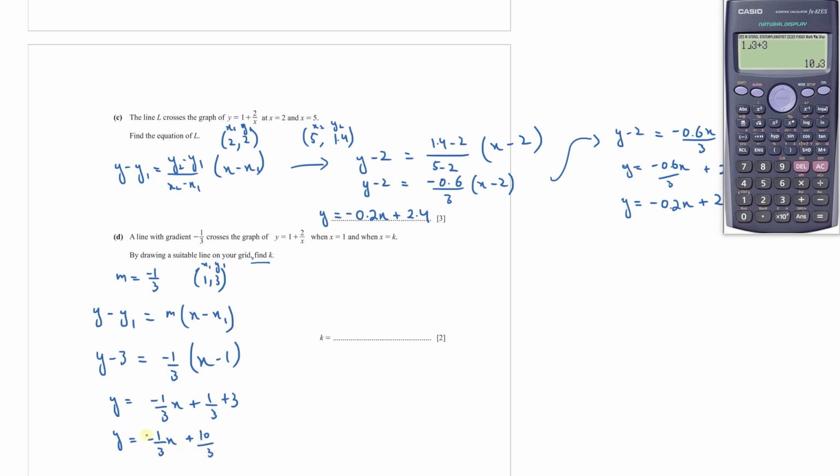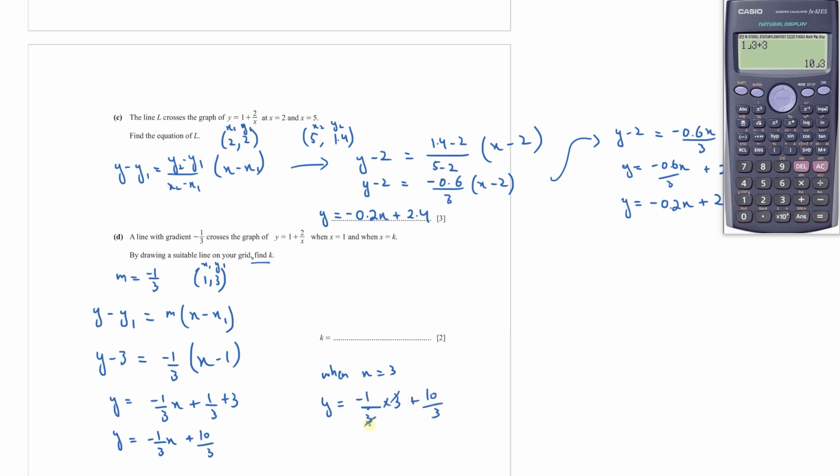So now you can find another point on this equation by substituting any other value of x. So let's substitute x equals 3. When x equals 3, your y value will become minus 1 over 3 into 3 plus 10 over 3.